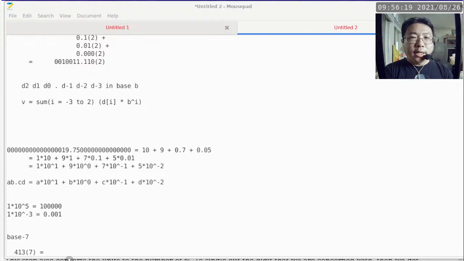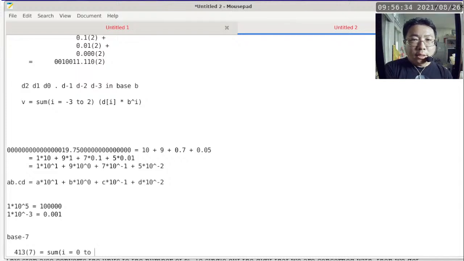Well, I'm going to spell out the summation here. I doesn't have to start with negative infinity because we don't even have decimal points. So in this case, I start with 0, and the position of the digit all the way to the left-hand side is digit 2. So I goes from 0 to 2, and each term that we are multiplying would be d subscript i.